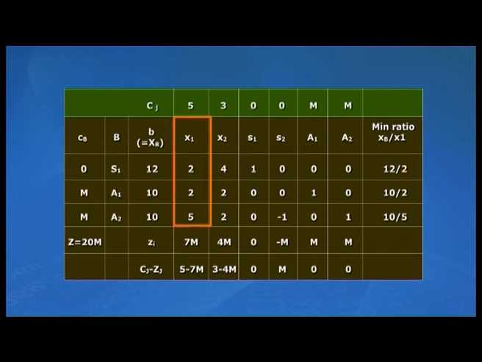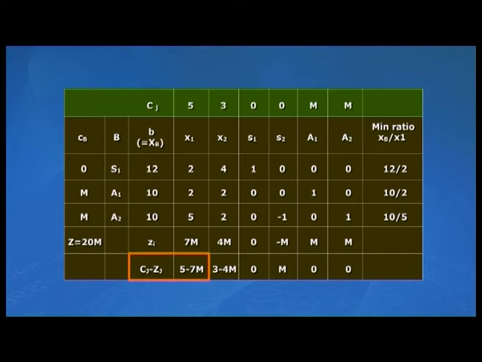The variable x1 column is 2, 2, 5. The x2 column is 4, 2, 2. The slack variable s1 column is 1, 0, 0. The surplus variable s2 column is 0, 0, minus 1. The artificial variable a1 column is 0, 1, 0 and a2 is 0, 0, 1.